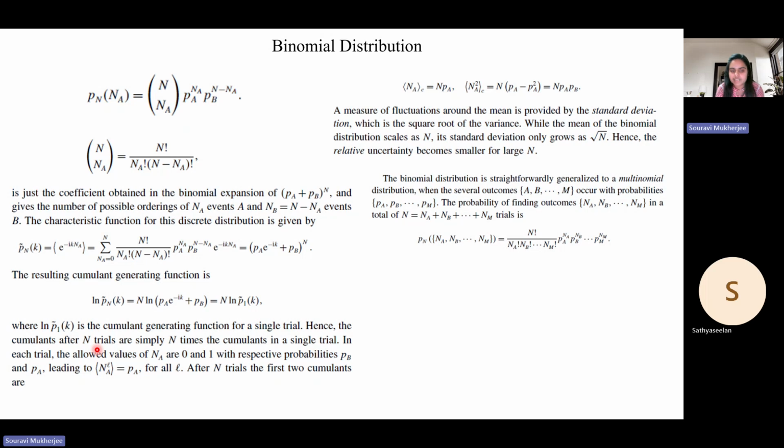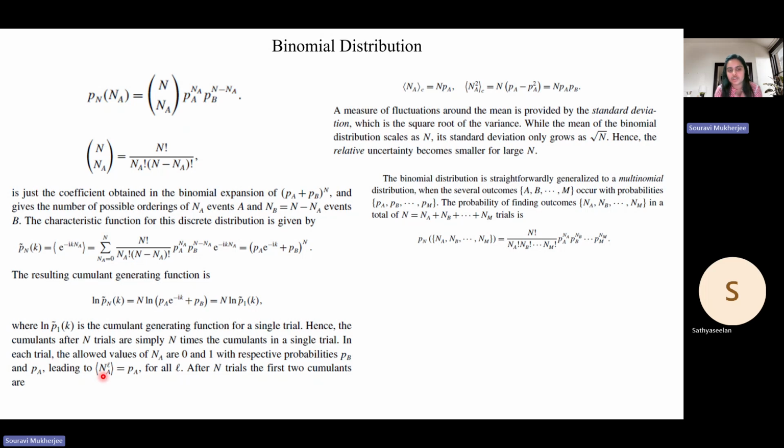Now if you look at one single trial, we know that the allowed values of nA are just 0 and 1, and the probabilities are PB and PA. Why PB? Because when nA is 0, that means B is happening, so that's the probability of occurrence of B. So you have the probability of 0 being PB and 1 being PA.